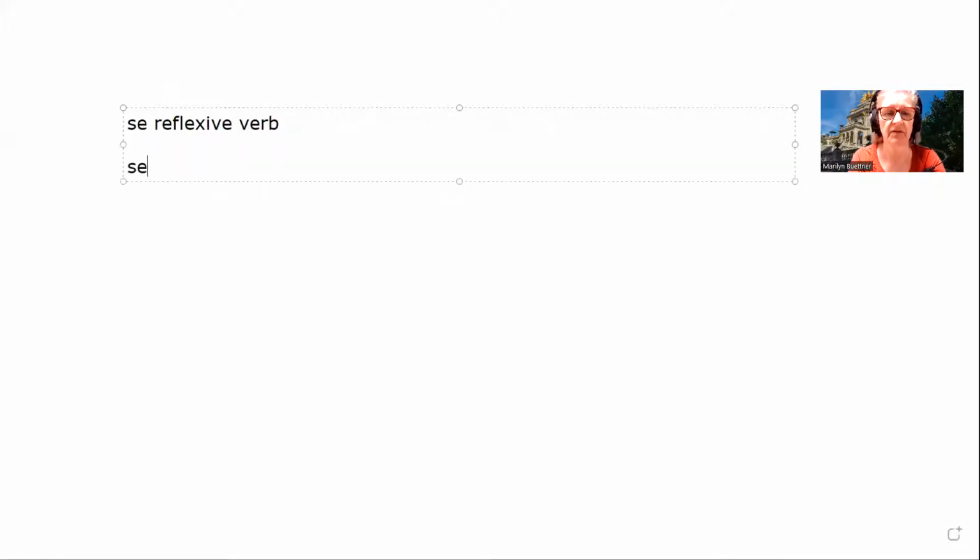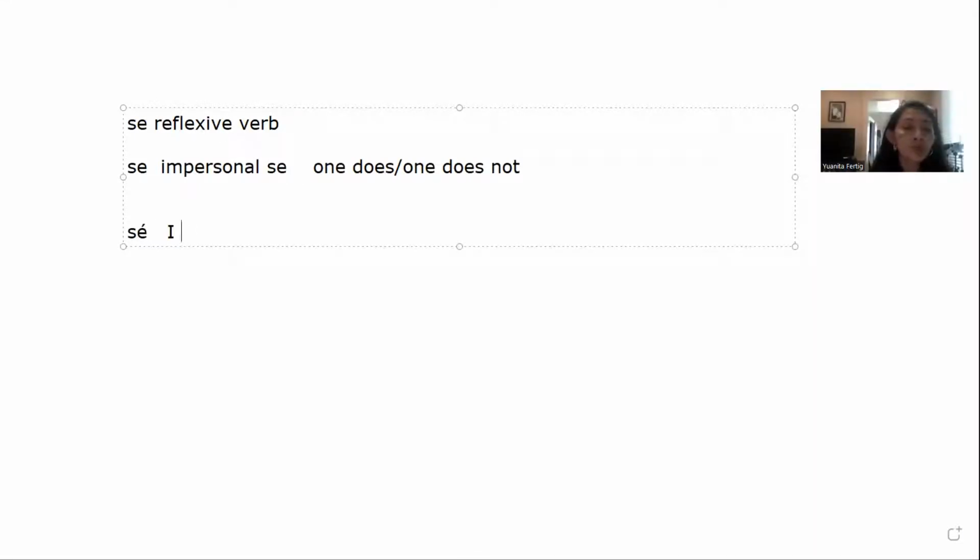So se might be with a reflexive verb. And so you have to be on the lookout for that. Se might be that impersonal se, saying one does or one does not do something, and sé might be this. And it means I know or I know how. So I want you to be on the listen out instead of on the lookout for different uses of se in this one video.